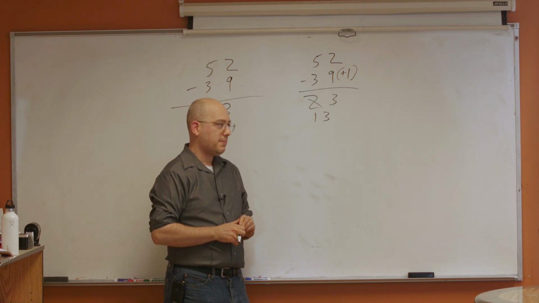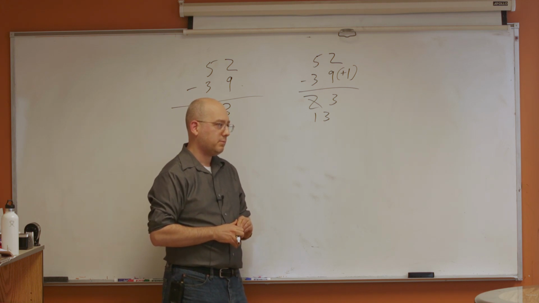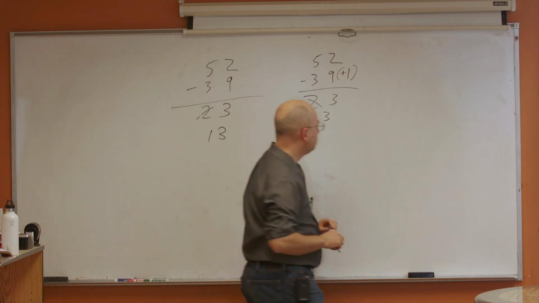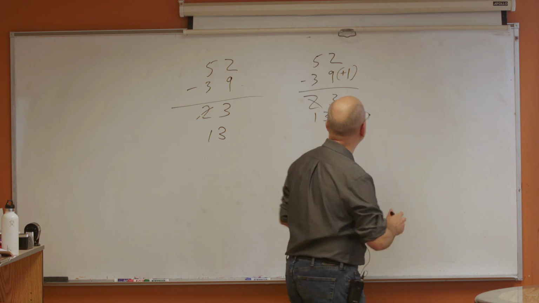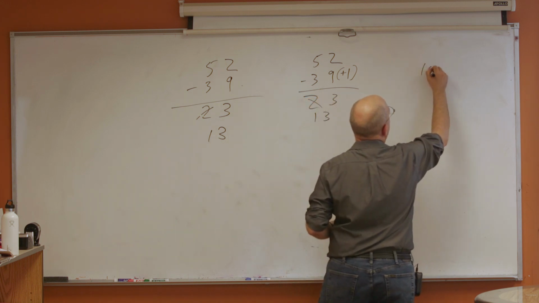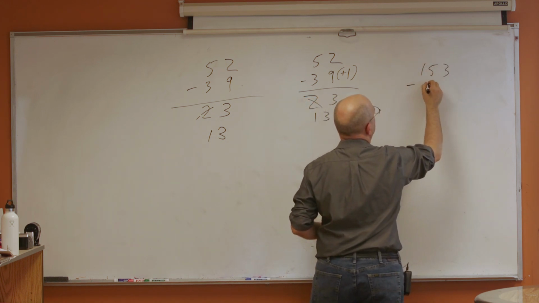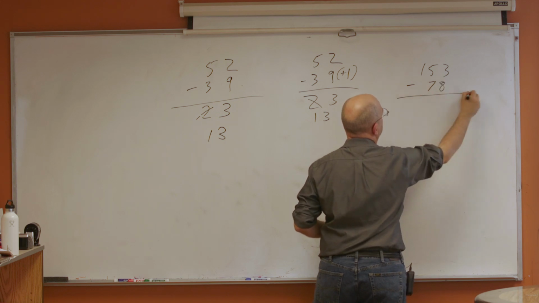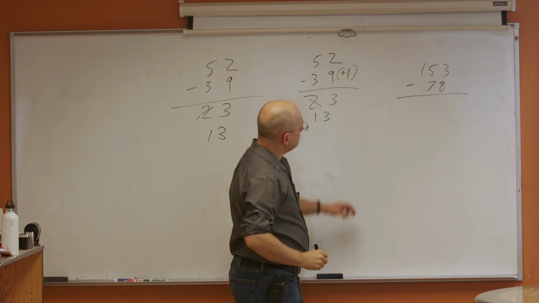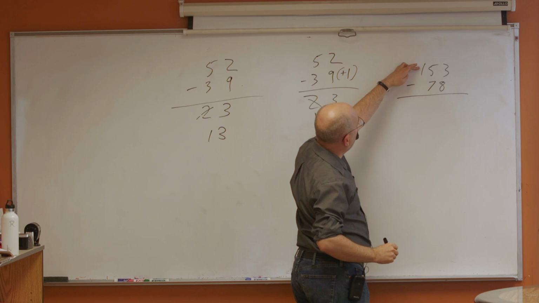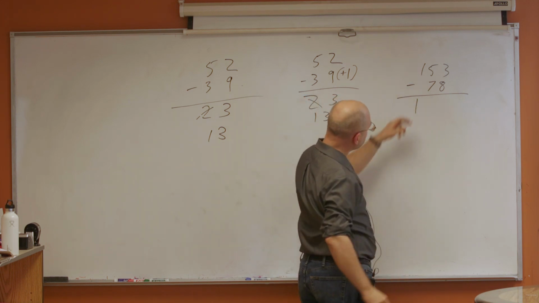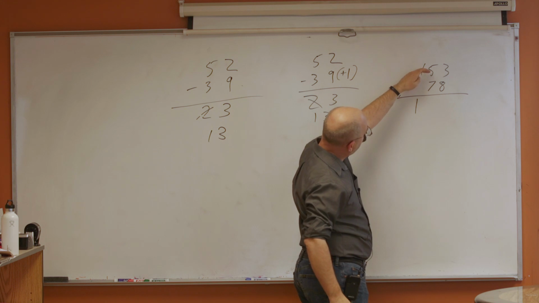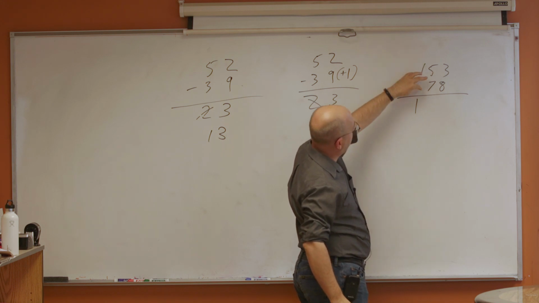Declan? Can you give us an example using this way of subtraction with larger numbers? Want to give me some numbers? 153 minus 78. Okay. So, 1 minus 0, it's just going to be 1. 5 minus 7, okay, now we got to do this flipperoo.